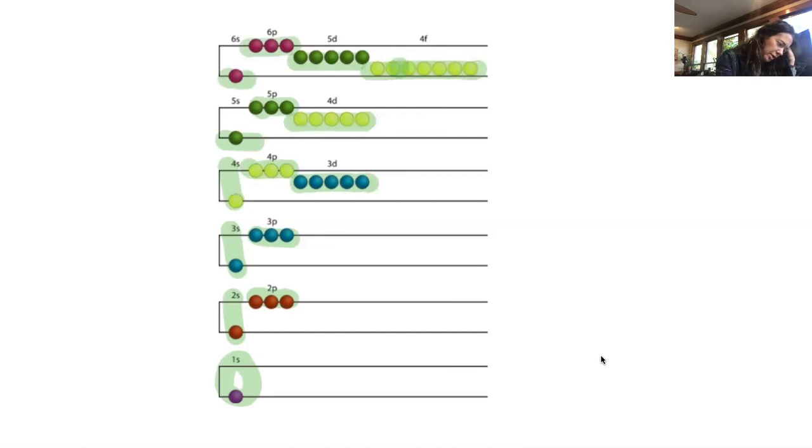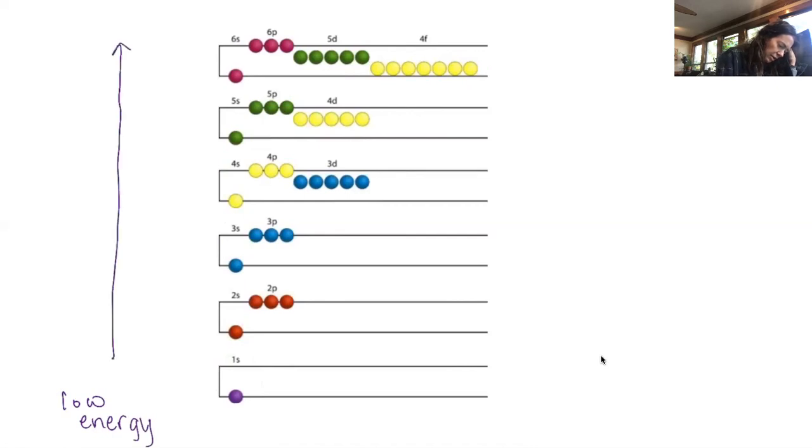What you need to realize is that from bottom to top, we are gaining energy. Down here is low energy, and up here is higher energy, and it's in that order.